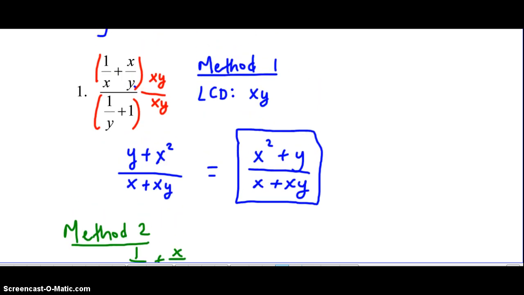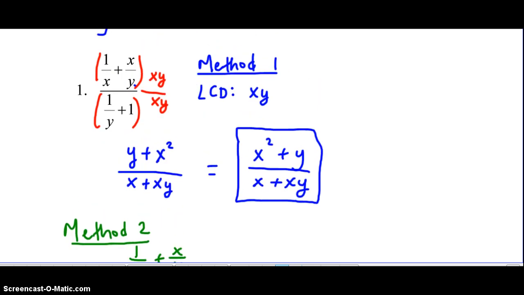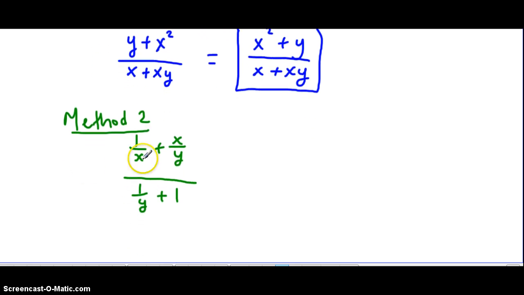Method 2, taking the same problem, would be to add the numerators and also add the denominators, and then look to simplify. So if we think about the numerator, if we had to add these two fractions, what would be the common denominator? That's right, it would be xy again.